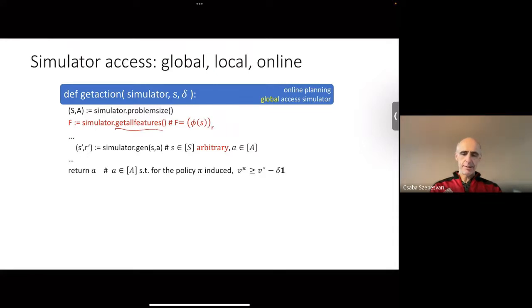And the other thing is where can you query the simulator? Can you query the simulator at any state, or can you only query the simulator at particular states? How do you even know what states exist in the world, right? So there is surely this state that came in, but how about the others?